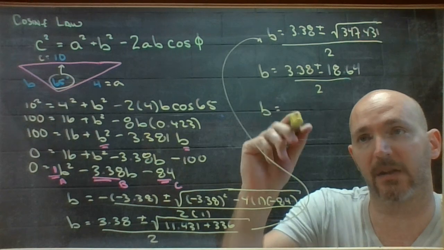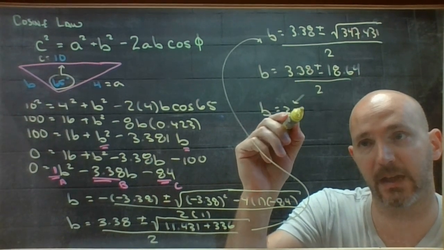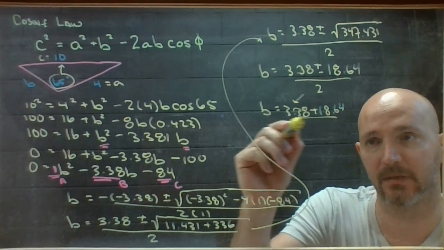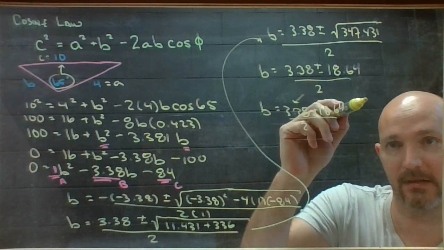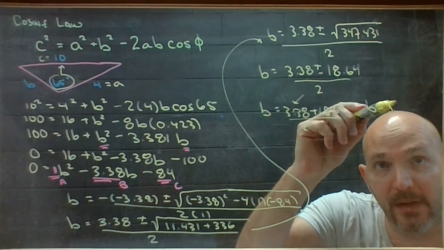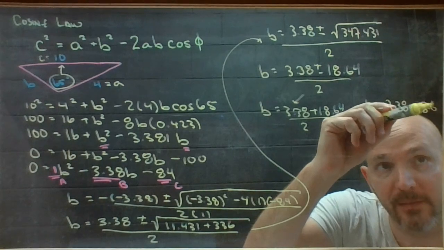So here I've got two cases. One where it's 3.38 plus 18.64, and one where it's 3.38 subtract 18.64.